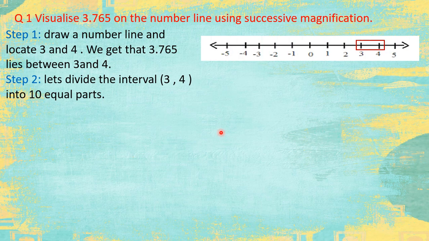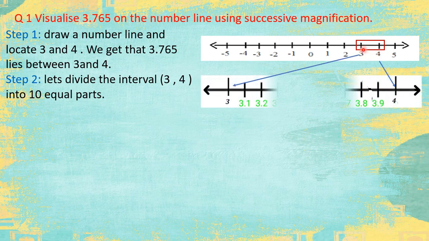Then we have to divide 3 and 4, this part of the number line, into 10 equal parts like this. Between 3 and 4 there are 3.1, 3.2, 3.3, 3.4, 3.5, 3.6, 3.7, 3.8, 3.9 and 4.